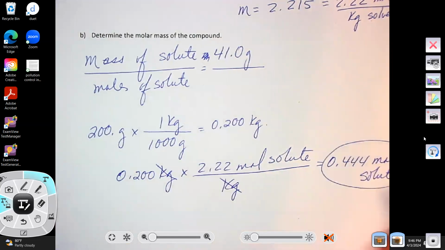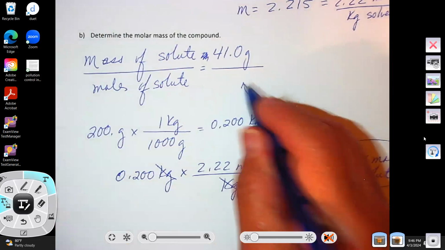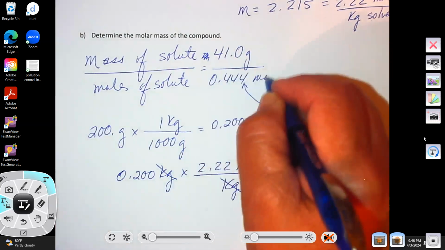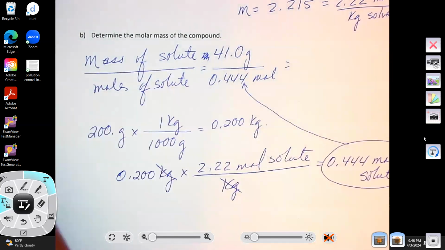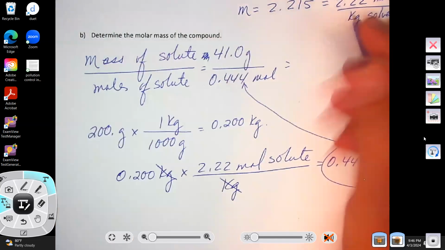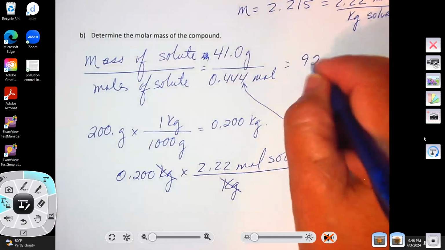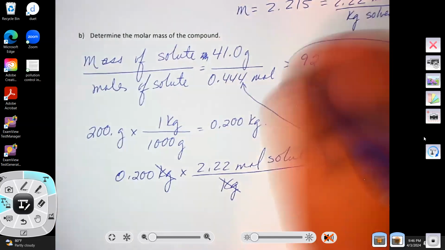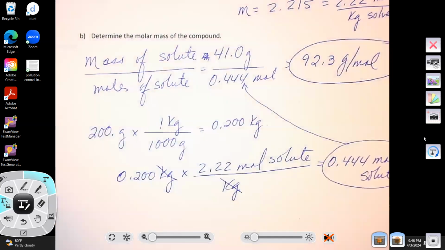Now I could take this number, put it here, divide 41 by 0.444, and I get the molar mass of my compound.